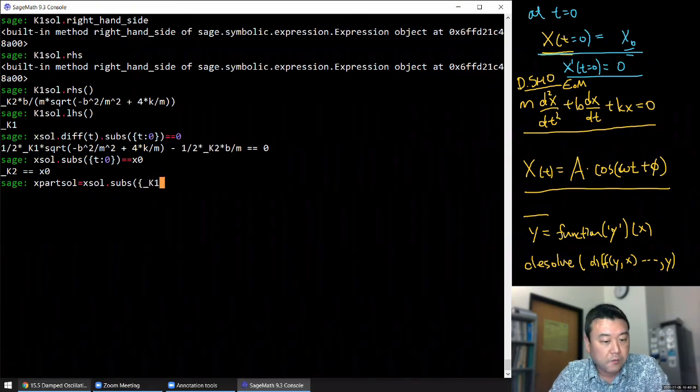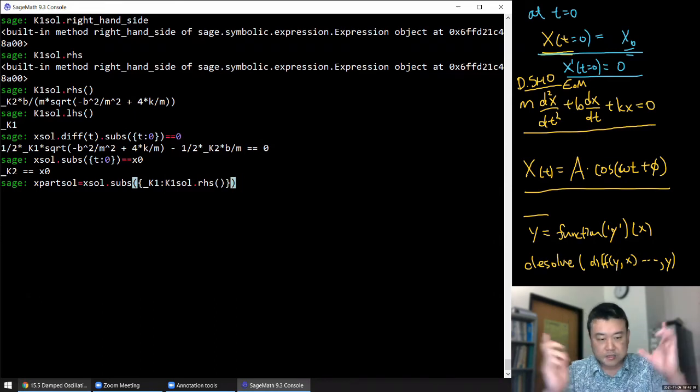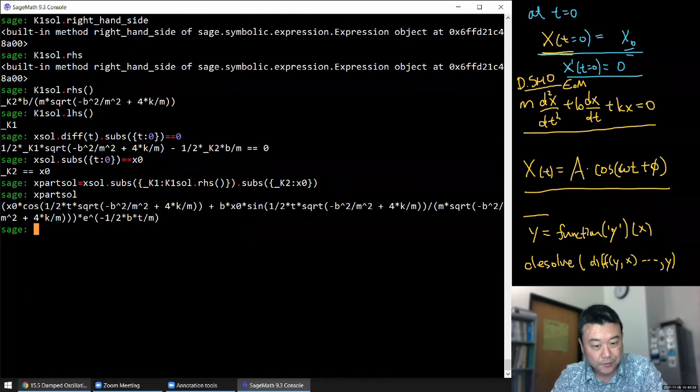So I'll say K1 is K1 sol dot right hand side. This will plug in this expression for K1. And then after the substitution is done, I'm going to do another substitution on that expression, replacing all instances of K2 with X naught. That should give me an expression for a particular solution.